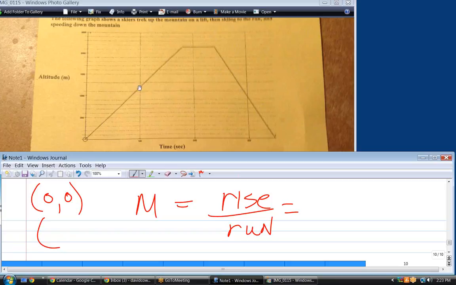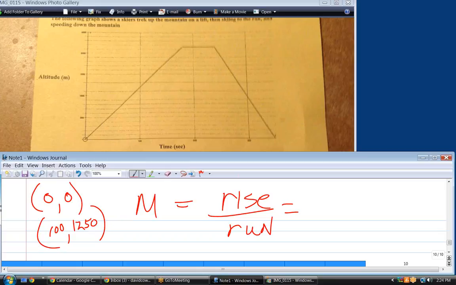That's weird. That's going to be hard to read. It looks like it's halfway in between 1,000 and 1,500 on the y-axis, correct? If I was going to guess, I would guess 1,250. So we'll say that 100, 1,250 is also on the graph.